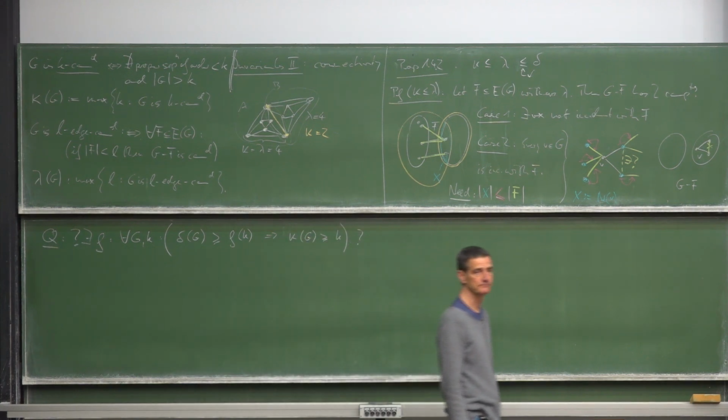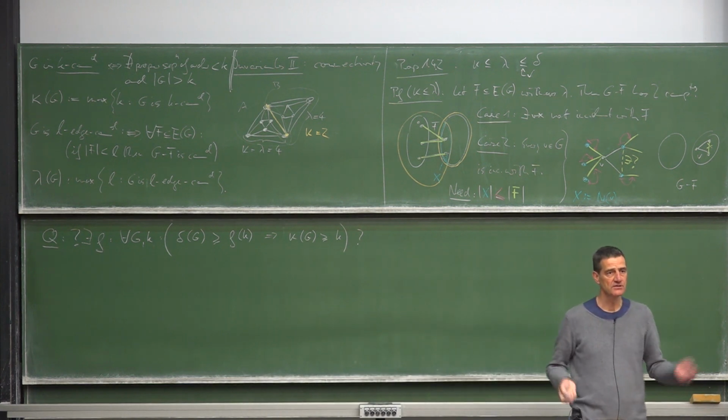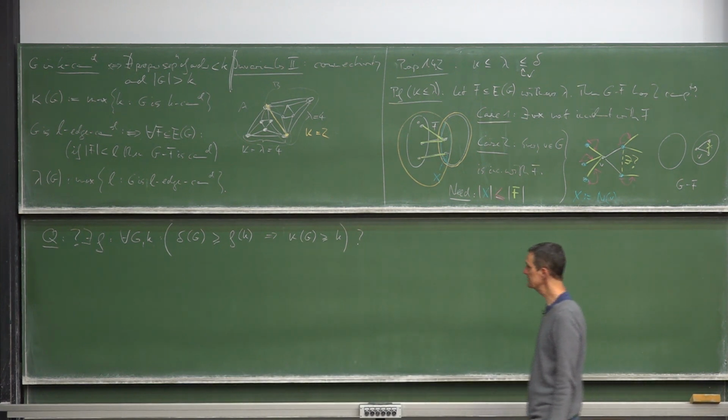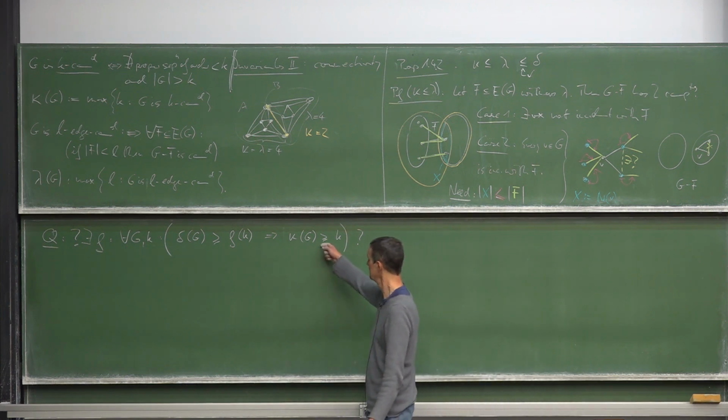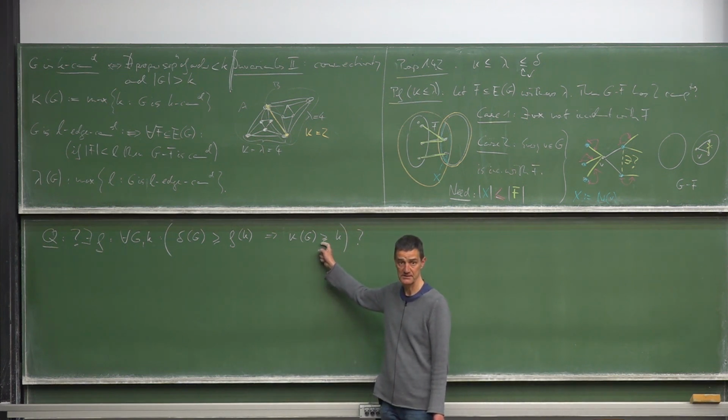What do you think? Can we make G k-connected? That's what it means. Kappa is at least k, so can we make it k-connected?